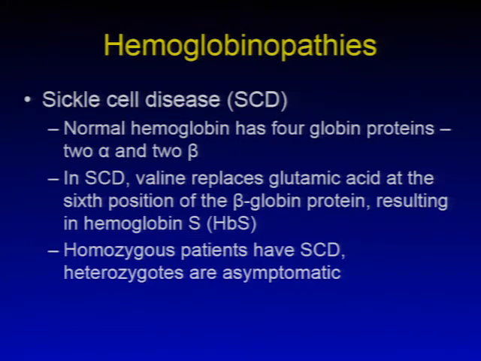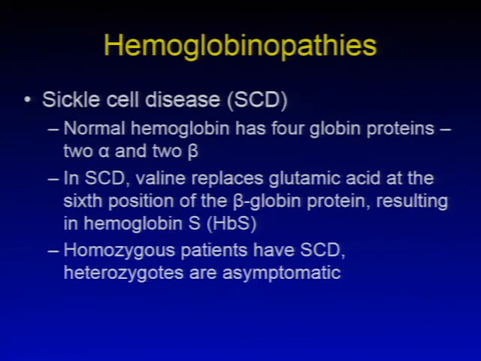Changing gears now to the hemoglobinopathies. Sickle cell disease occurs when there is an abnormal hemoglobin protein. The normal hemoglobin protein has 2 alpha and 2 beta subunits.